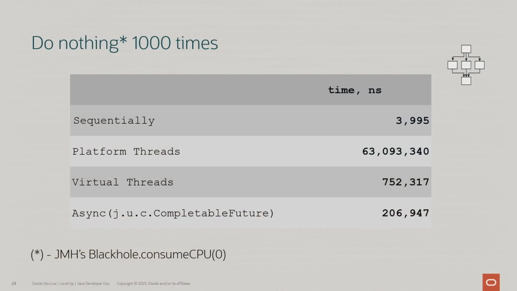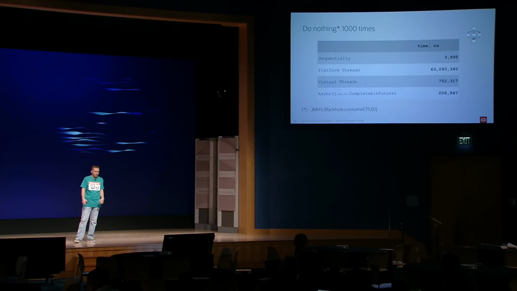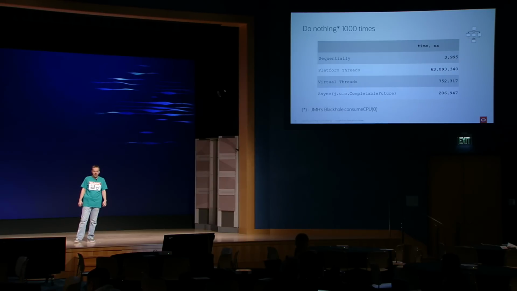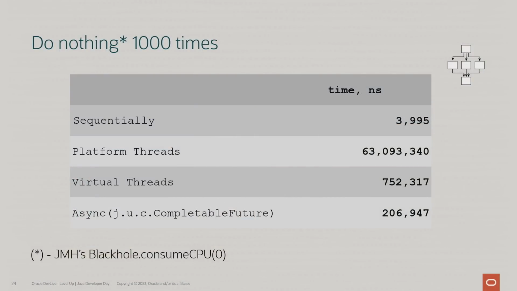Again, it's a benchmark where we run 1,000 tasks concurrently and wait until all of them finish, measuring how much time we require to get the whole result. Here we can see that virtual threads are much better than platform threads, but of course there is some competition with asynchronous programming. Anyway, classical platform threads are too expensive in this case.